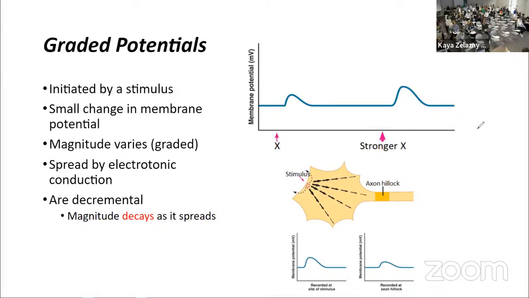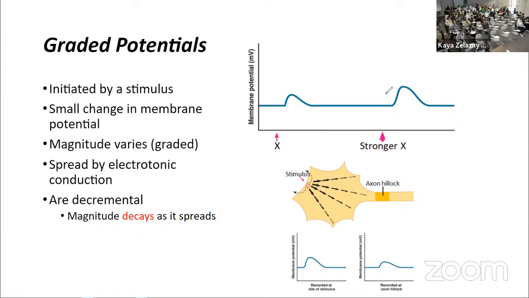You can have a small graded potential or a big graded potential. You can't have a small action potential or a big action potential. That doesn't make sense because it can't go higher than positive 30. It's not going to go lower than positive 30. It's always identical. So that's why I use the word graded. Graded is referring to a scale, like degrees. That is because we can have this difference in magnitude. So we have a small one here, we have a bigger one here. That's that graded part.